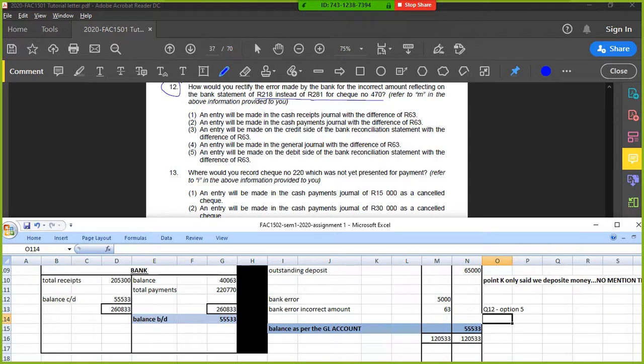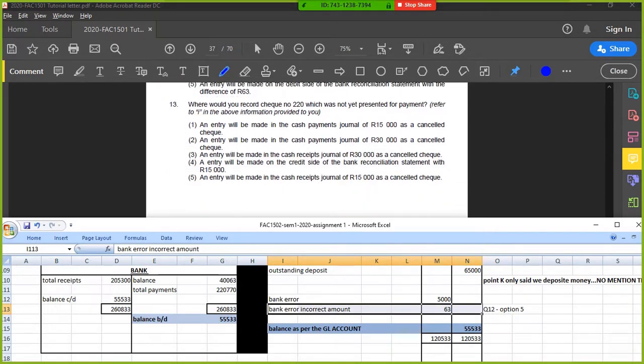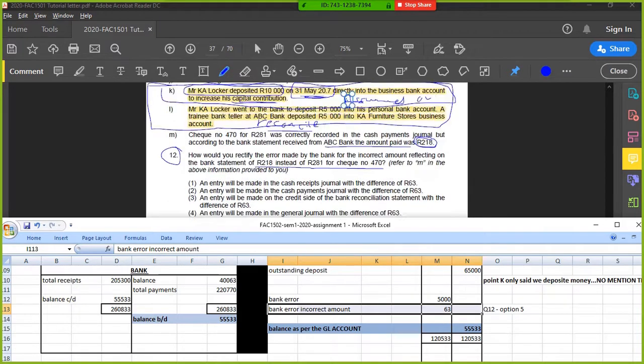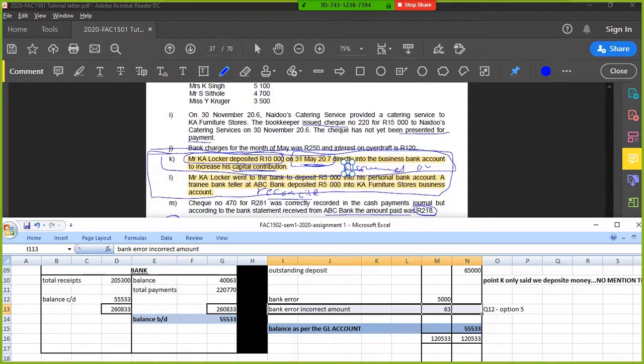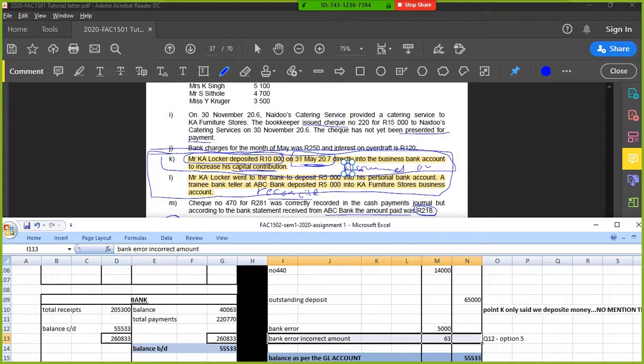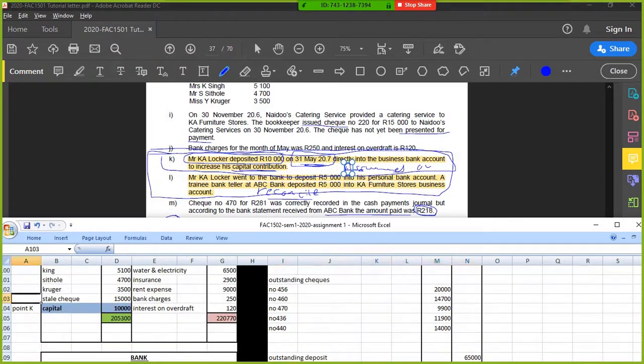Okay. 13. Where would you record check number 220, which has not yet been presented for payment? Refer to I above. Let's go to I. I was the stale check. Remember we discussed that. Let's put a note here. Here's the stale check. This is question 13. What option is it?